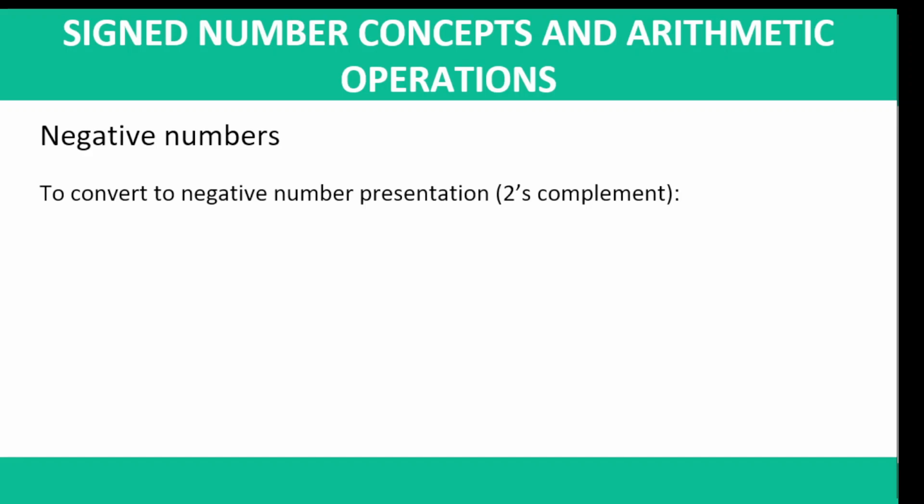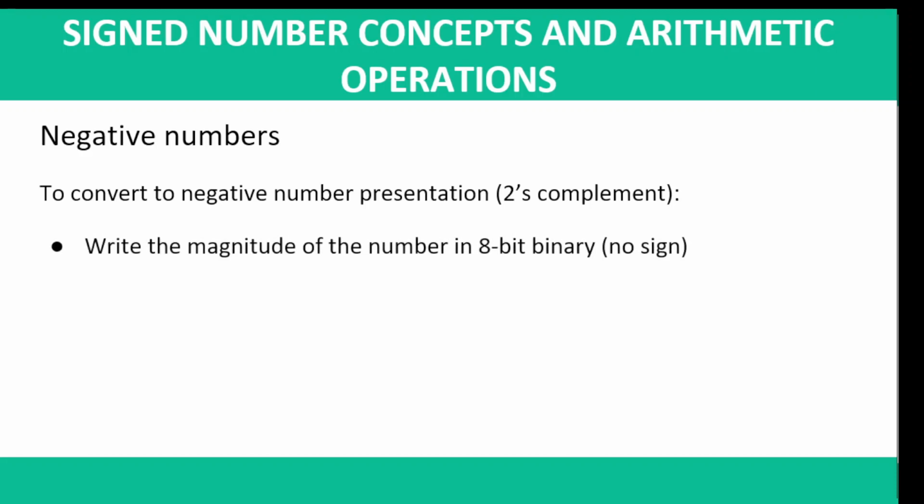To convert to the negative number representation, the 2's complement, first, we write the magnitude of the number in 8-bit binary, without sign. Then after that, invert each bit and then add 1 to it.